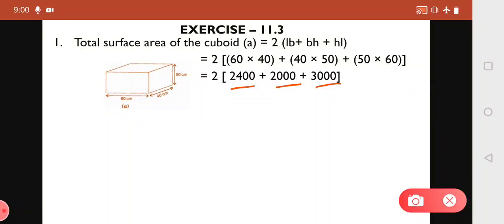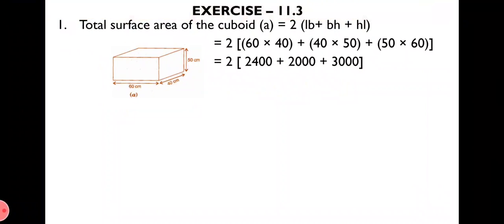So we get twice 2400 plus 2000 plus 3000, that is equal to 2 into 7400, that is equal to 14,800 centimeter square. So the total surface area, in short, is said as TSA. TSA of a cuboid A is 14,800 centimeter square.